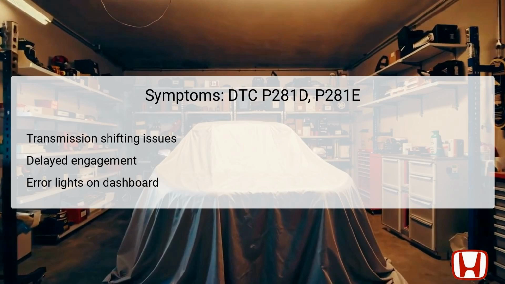Additionally, illuminated dashboard warning lights may signal to the driver that a transmission-related issue has been detected. All these signs can contribute to a feeling of instability and unease while driving, thus highlighting the importance of addressing these DTC issues promptly to ensure overall vehicle reliability and performance.